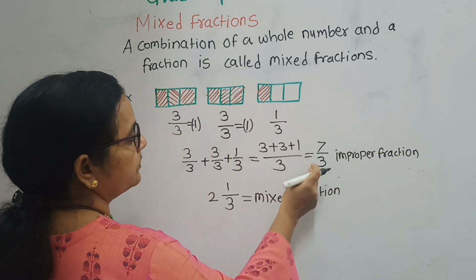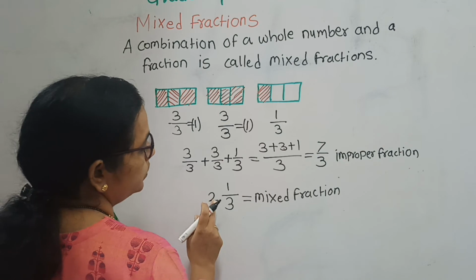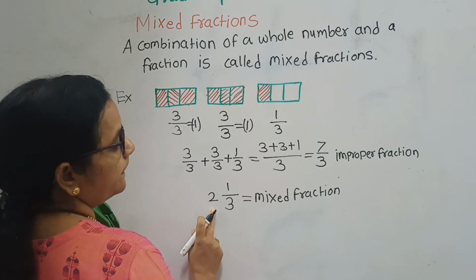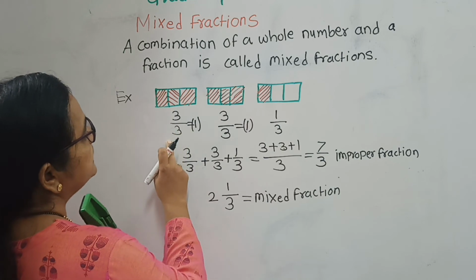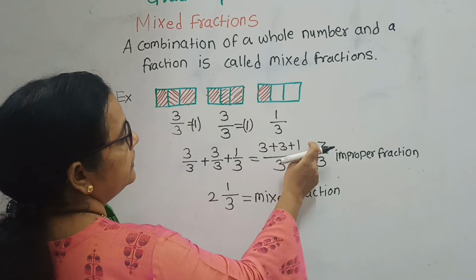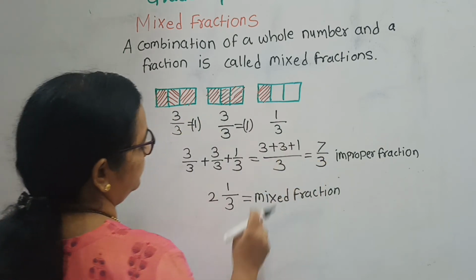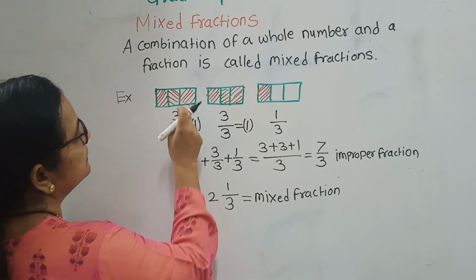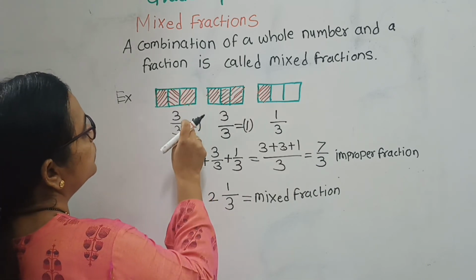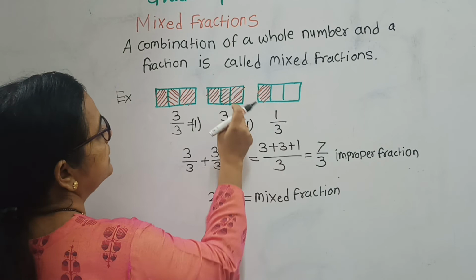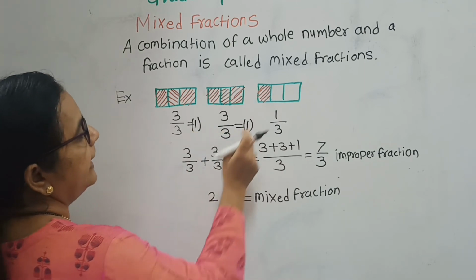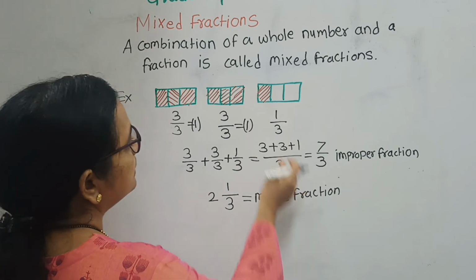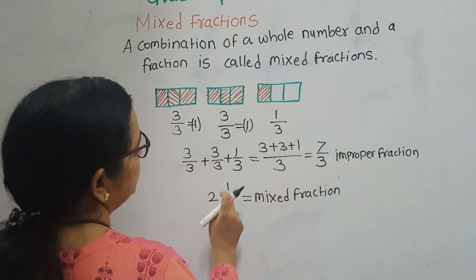7/3 is also equal to this mixed fraction, because when we take these fractions we get this improper fraction, and when we take the whole figure, meaning 1 figure is shaded, and here another 1 figure is shaded, which means 2 figures are shaded, and in the third figure 1 out of 3 is shaded.